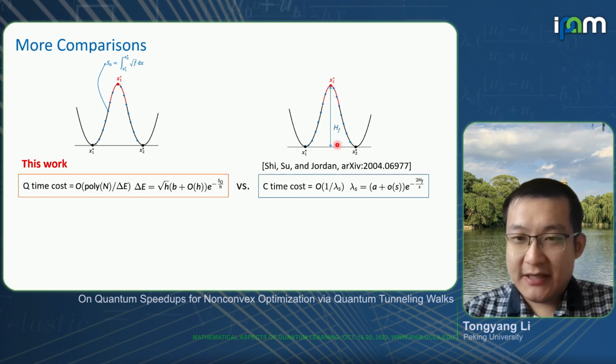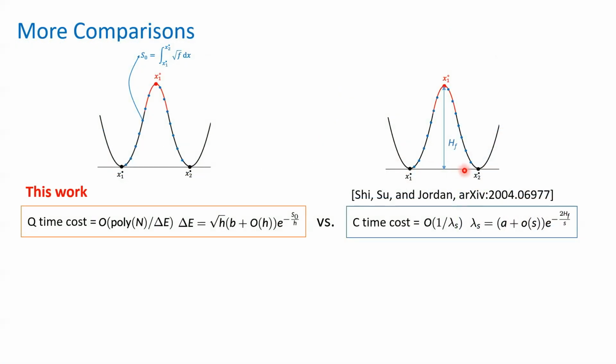As I briefly explained, if you consider such a landscape and move from the left-hand side to the right-hand side, the cost is in the absolute height, this HF, which is going to influence this. This can also be written in this form: in general, the time cost is 1 divided by this delta S, and this lambda S is an exponential of 2 times the HF divided by the classical learning rate S.